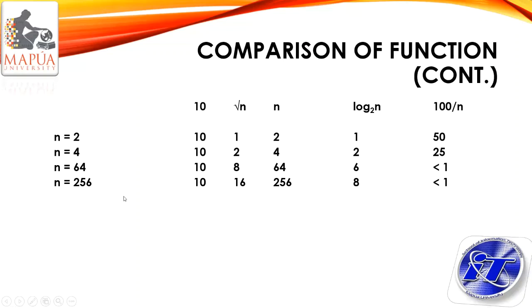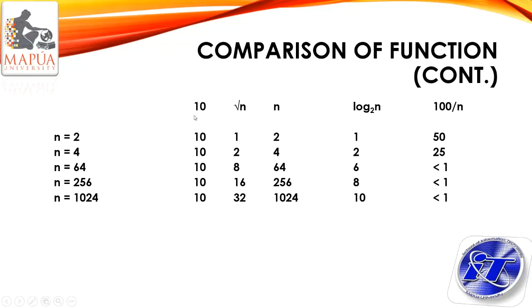And in case n is 1024, n is bigger, the square root is 32, then log n, and 10 is still 10, and 100 divided by n is still less than 1.